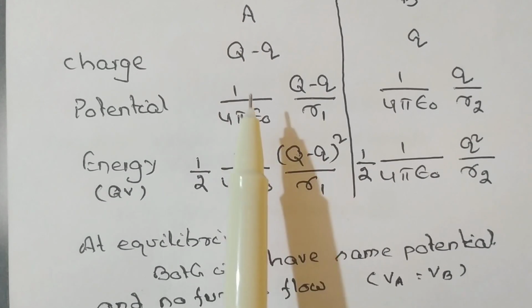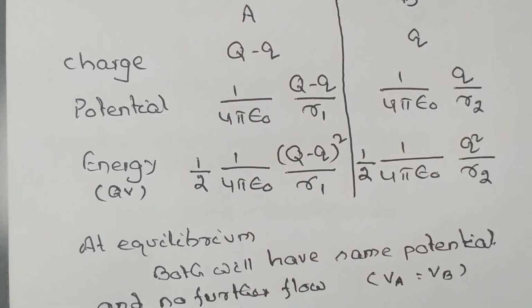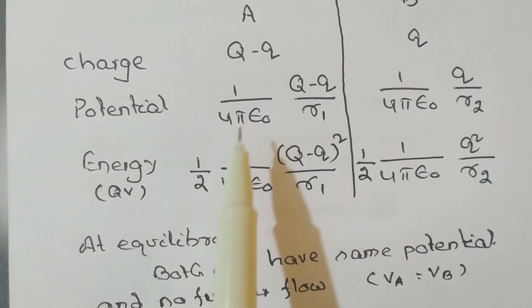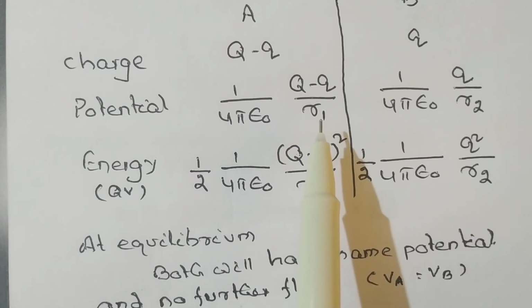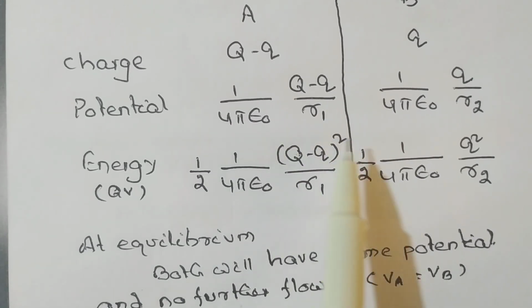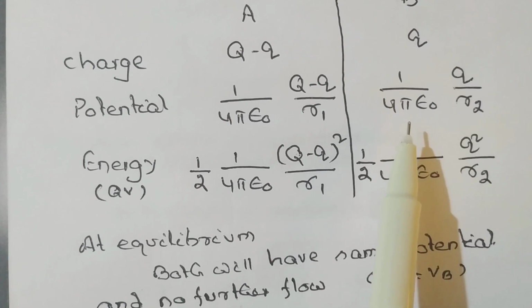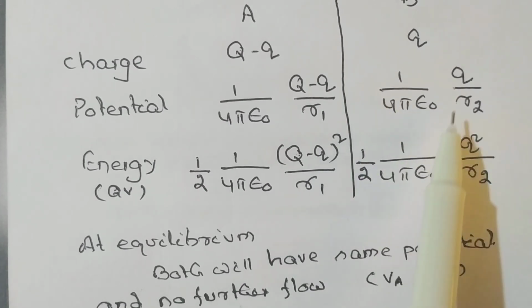The potential of A is, we know the potential of a sphere is 1 by 4 pi epsilon 0 times the charge on the sphere divided by its radius. That's 1 by 4 pi epsilon 0 (Q minus q) divided by R1. Similarly, the potential of B is 1 by 4 pi epsilon 0 q by R2.